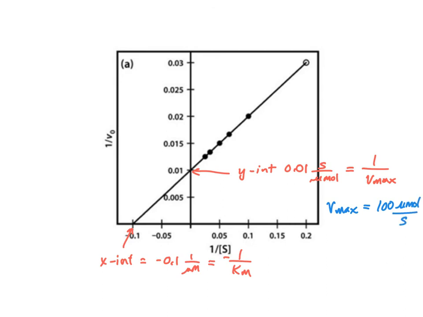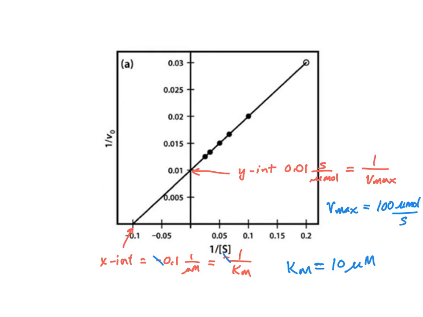What do we do down here for the x-intercept? Well, the negatives cancel out, and we can invert both sides, and we get Km is equal to the inverse of 0.1. Your calculator would tell you that's 10, and we invert the units back, 10 micromolar.